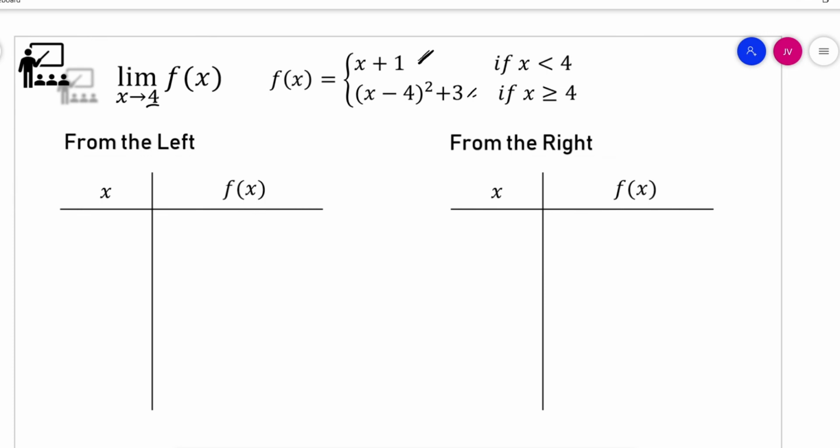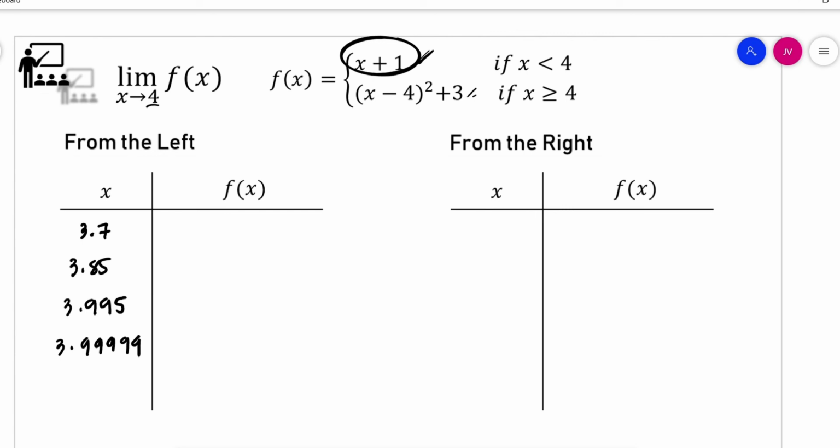So we can assign values less than 4. So we have 3.7, 3.85, 3.995, 3.99999. Yan. So since nasa left siya, dito natin siya gagamitin sa x plus 1.